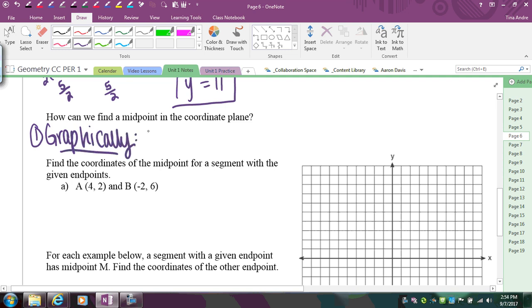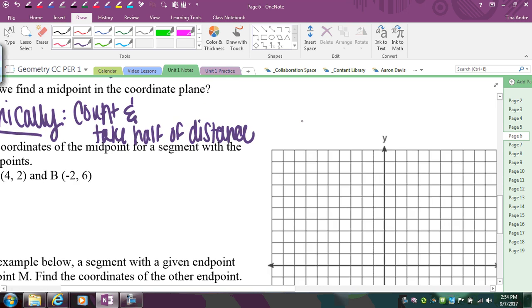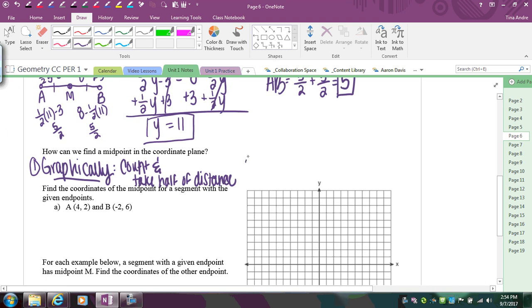So I'm just going to say count and take half of distance. And that isn't the best description, but it's just kind of the shortened version, and I'll explain that more in a minute. And then the other way, the algebraic way, is to use the formula.